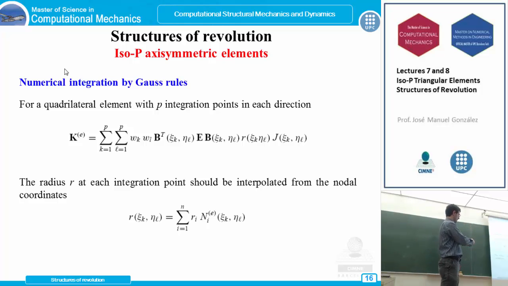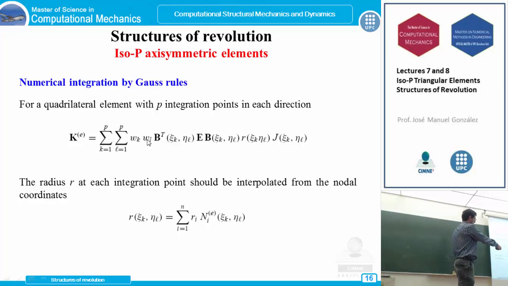But the point is that now our stiffness matrix is calculated like an integral of this function here, which involves, first of all, 2 dimensions, and P, the number of integration points in the 2 dimensions, could be different for each dimension, but usually we use the same P number of Gauss integration points.